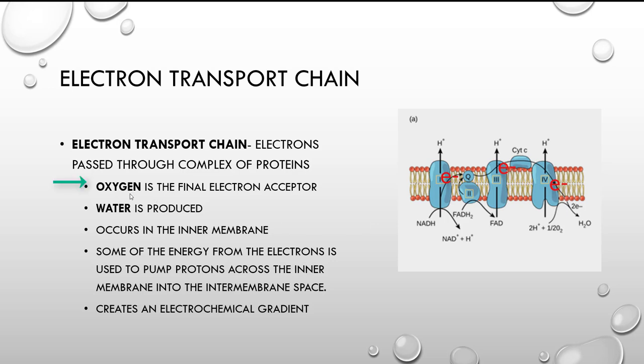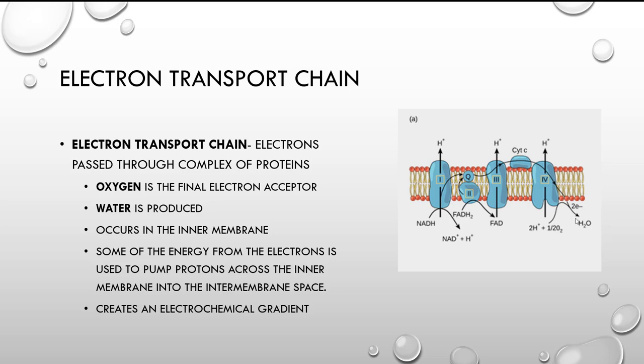Remember that oxygen we talked about? Oxygen is going to be the final electron acceptor. So it's going to accept those electrons and bind with hydrogen to form water. Okay, so oxygen is the final electron acceptor, and water is produced in that process.